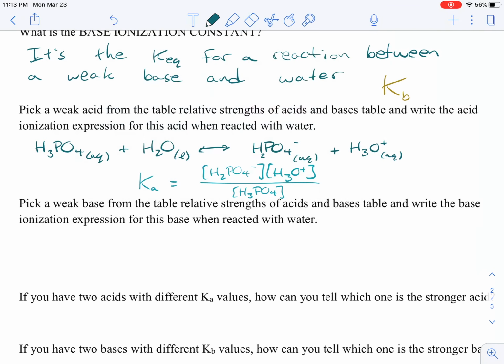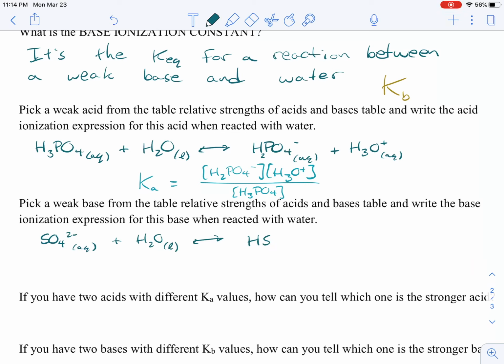Now this next question says we're doing the same thing but with a base. The base that we'll pick here is sulfate. Sulfate is reacting with water. Sulfate is acting as the base, so it's accepting the proton from water. Water in this case is acting as the acid.